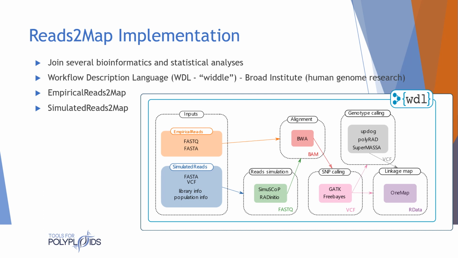There are two main workflows available, one for empirical and another for simulated data. Both use BWA to align reads, GATK and Freebayes to perform the SNP calling, and Updog, Polyrad, and SuperMASSA for genotype calling, and OneMap for linkage map building.